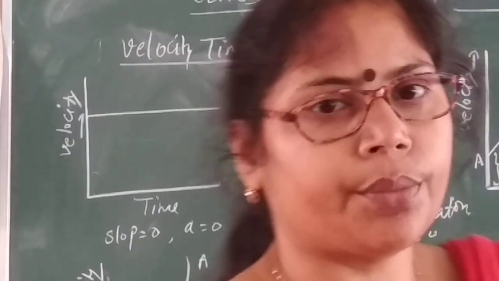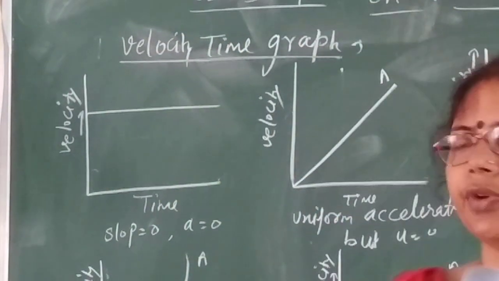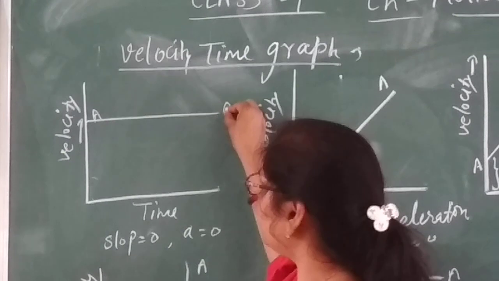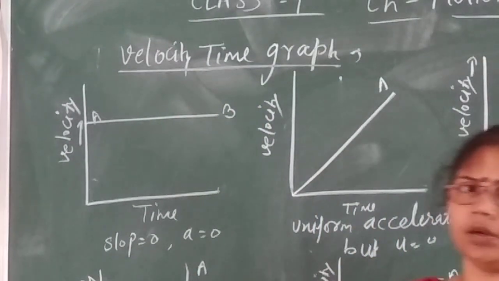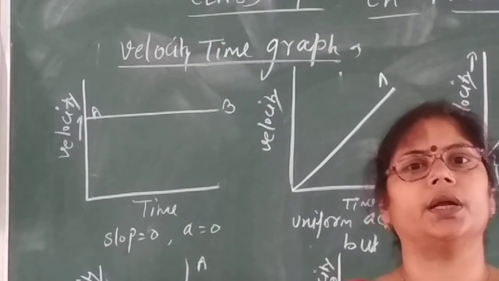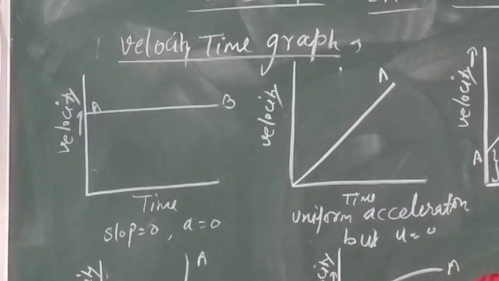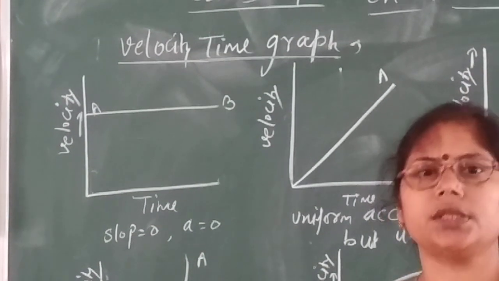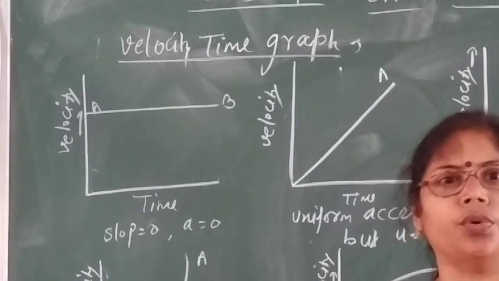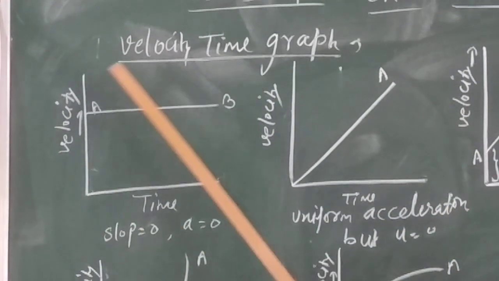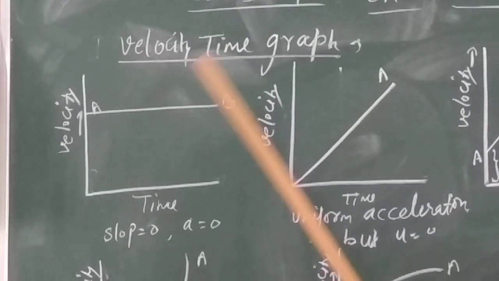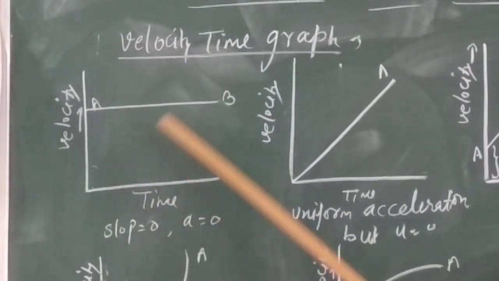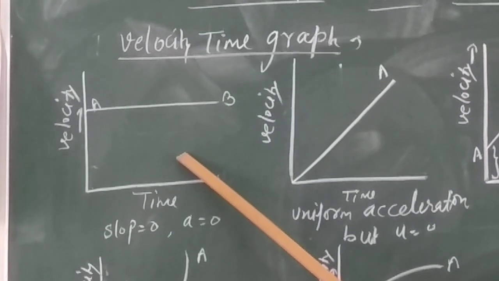From a distance-time graph, we can find speed by taking the slope of that graph. But from a velocity-time graph, we can calculate distance as well as acceleration. From a velocity-time graph, distance can never be zero because this distance is equal to the area covered under the graph.